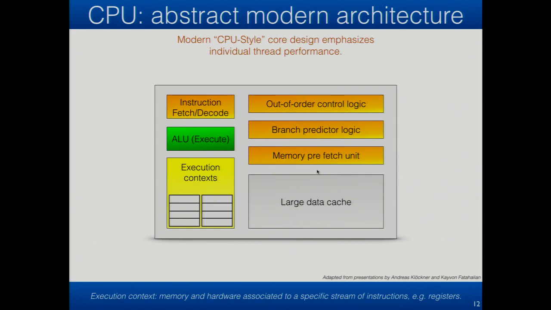To keep the core busy, it's doing a number of things. It's doing branch prediction, it's doing out-of-order control logic, trying to see can I do this operation first, or can I do this operation first, and then sequencing, pipelining those operations to try and make sure that it's busy at all times.